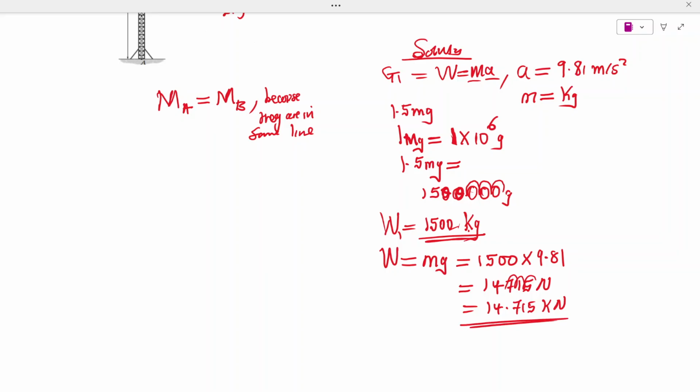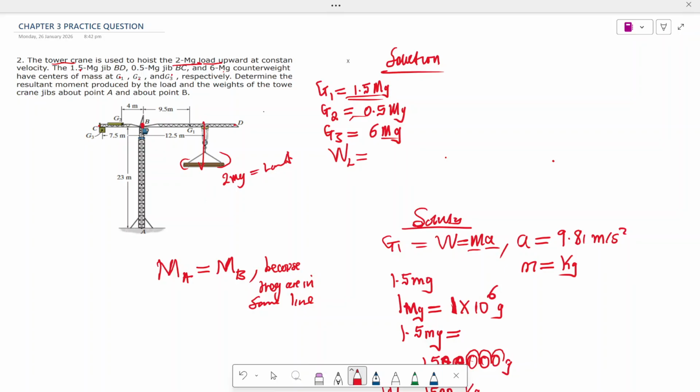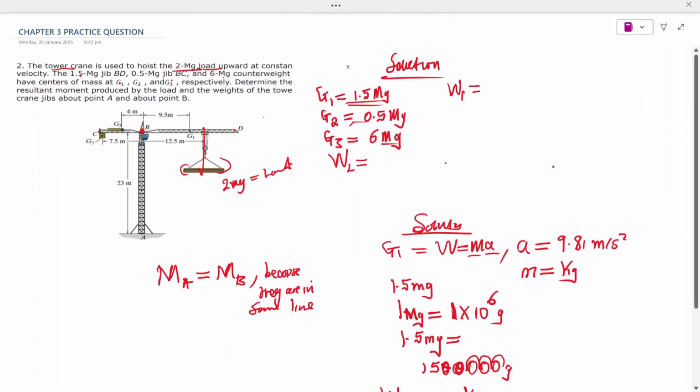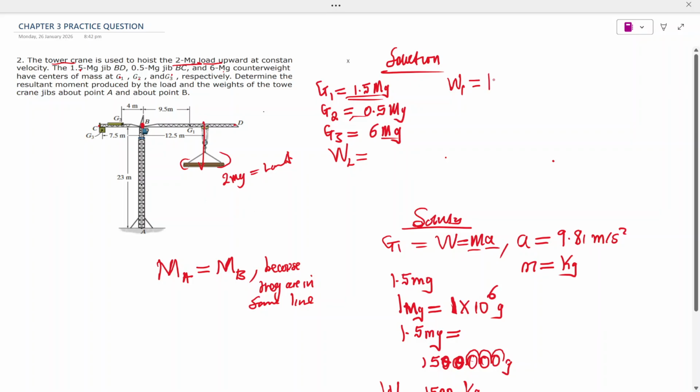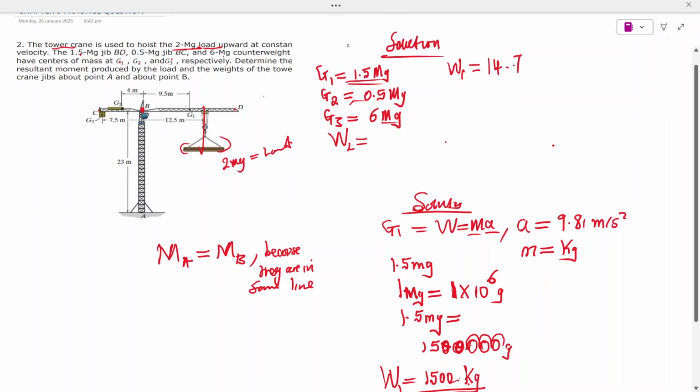So this is our first weight. Therefore W1 is equal to 14.715 kilo newton.